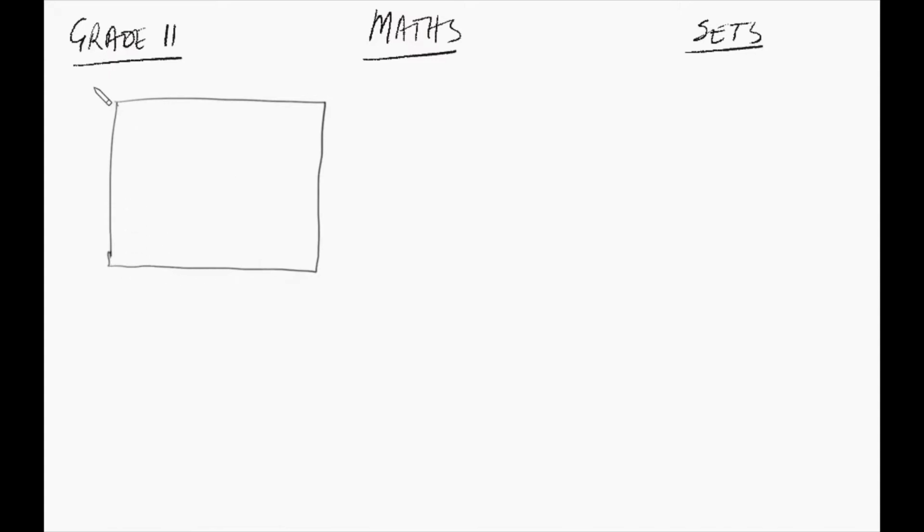This is our universal set, right? And then we have three sets in here, like this. Let's say this is set A, this is set B, and this is set C. All right.